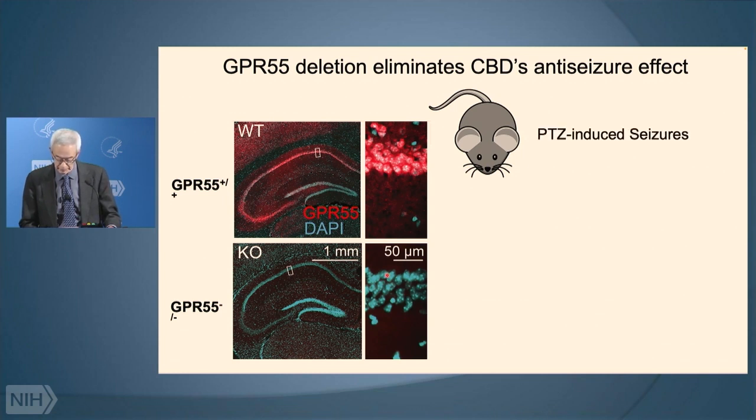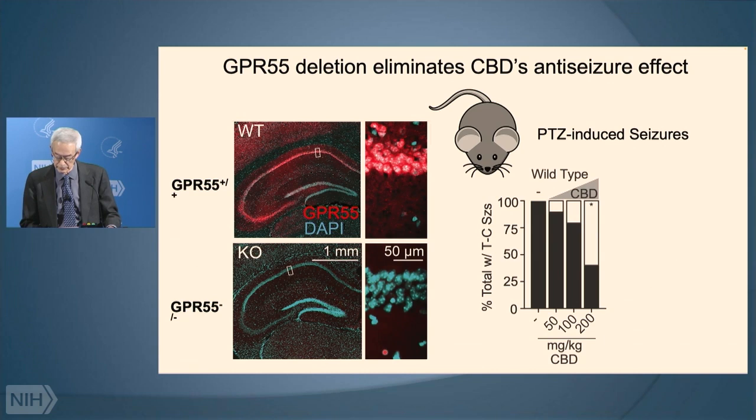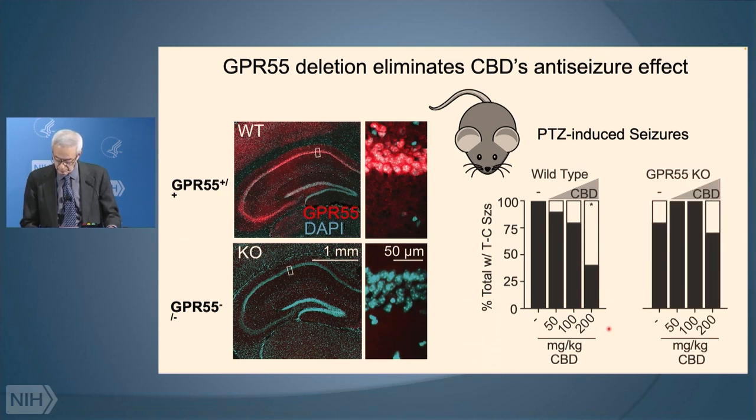And if you take mice and treat them with pentylenetetrazole to induce seizures, you find that there's a dose-dependent reduction in seizures in response to increasing amounts of CBD. But that dose dependence is gone in the GPR55 knockout, suggesting that GPR55 might have something to do with the seizures.